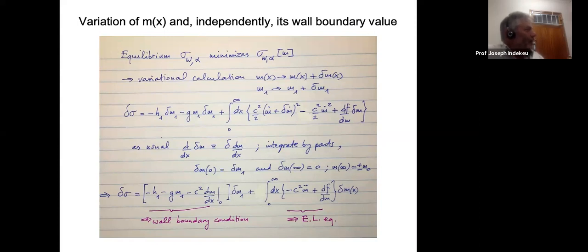Okay, it's a different significance of the use of the word boundary. Boundary minimum means a minimum at the extremity of the range of values of a certain parameter.